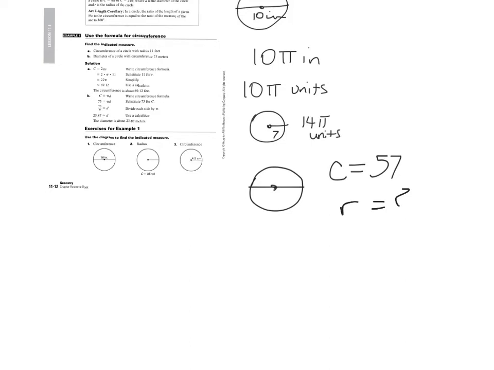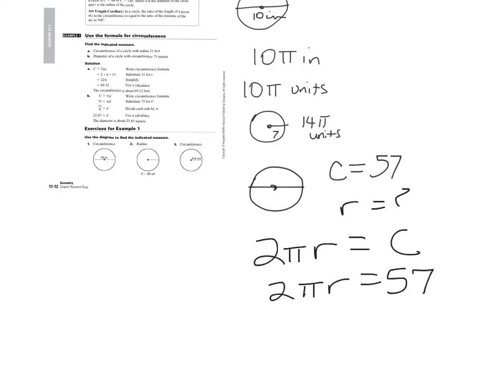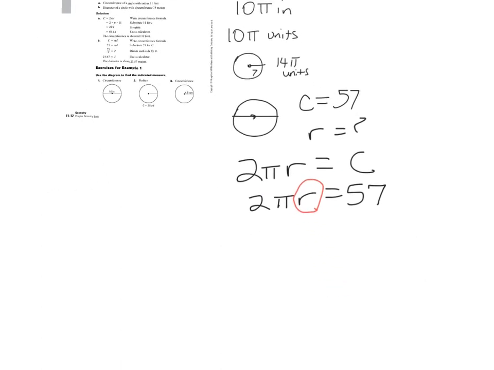I'm going to set it up as 2 times pi times radius equals circumference, or you could do C equals, it doesn't really matter, but I'm going to go ahead and put 2 pi r equals 57, and now I have to solve my equation for the letter r. To do that, I'm just going to divide both sides by 2 pi.